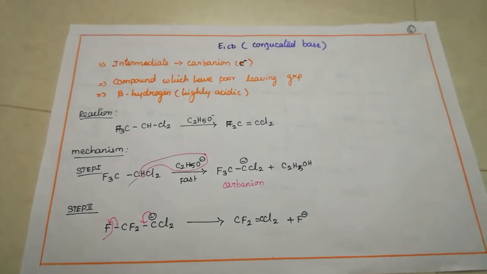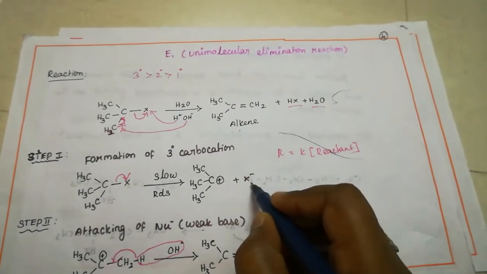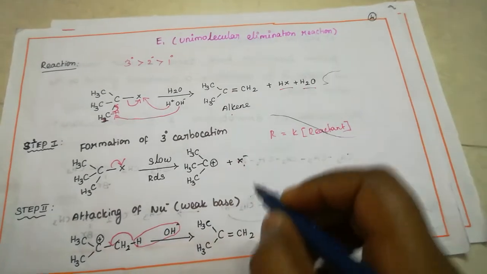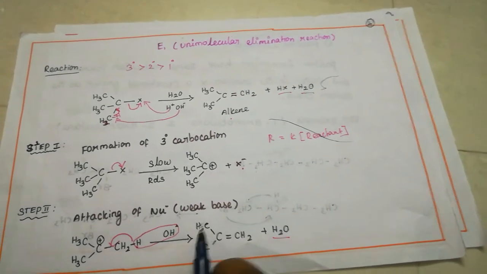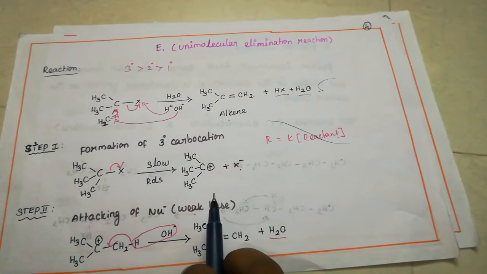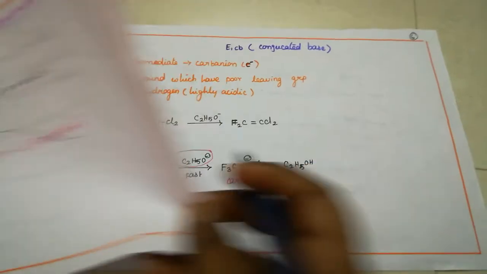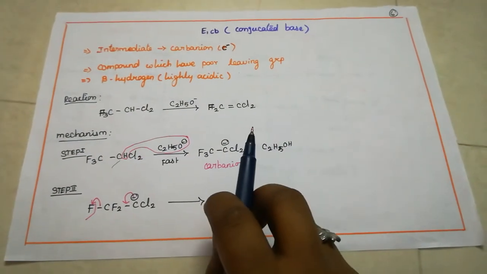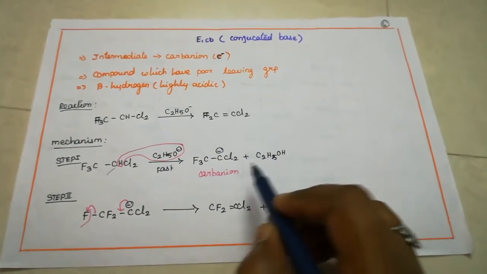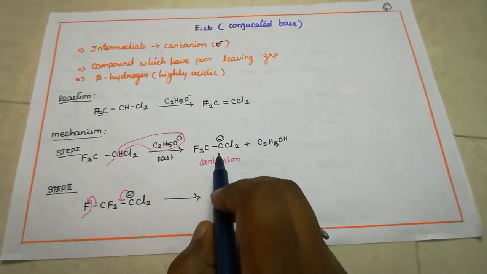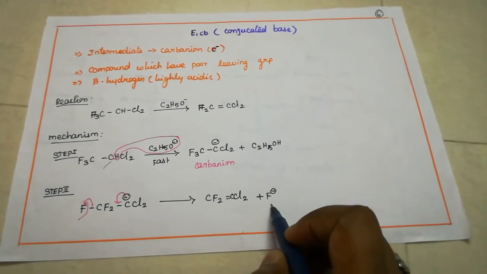In E1 reaction, first we remove the halogen, and then we remove the hydrogen. Here we get carbocation. This is the intermediate. In E1CB, it is just the reverse of the E1 reaction. Here we first eliminate the hydrogen, then we remove the halogen.